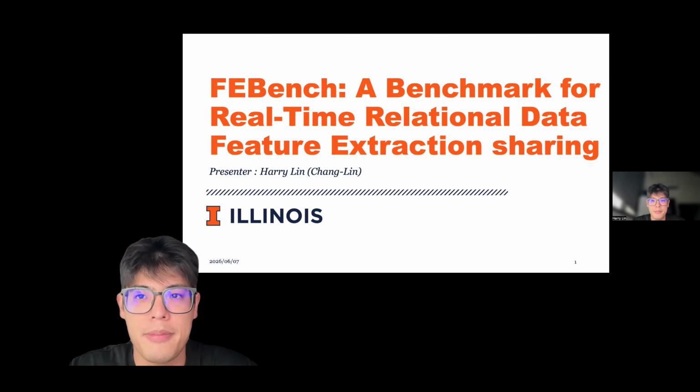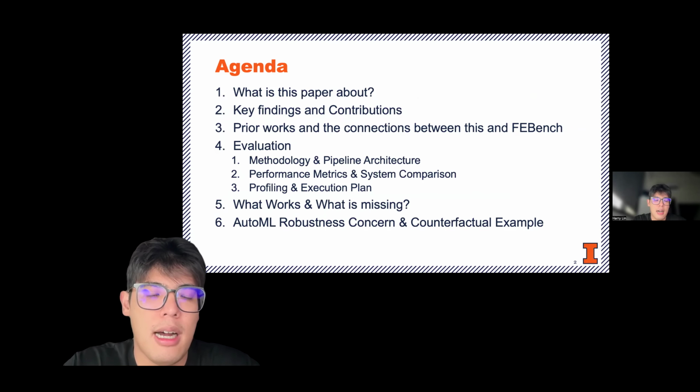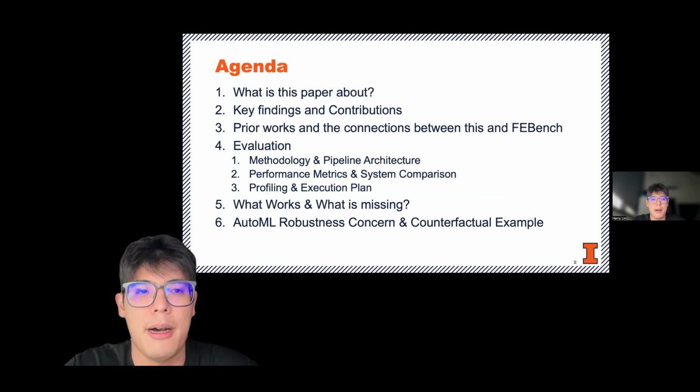So, first we go to the agenda. I dissect the talk into six parts. First, I'm going to talk about what this paper is about, its key findings and contributions. Then following that are prior works and the connection between these and FE bench.